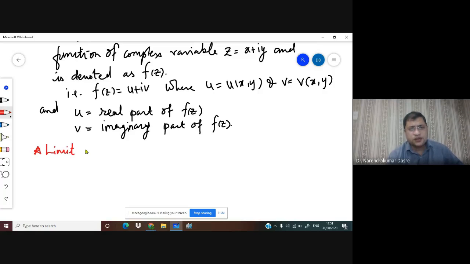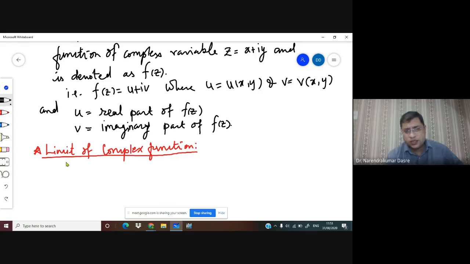So we'll write the definition of the limit of a complex function. Okay, these are the basic definitions which have very much importance. So if we are not able to get this, then we'll be in trouble.